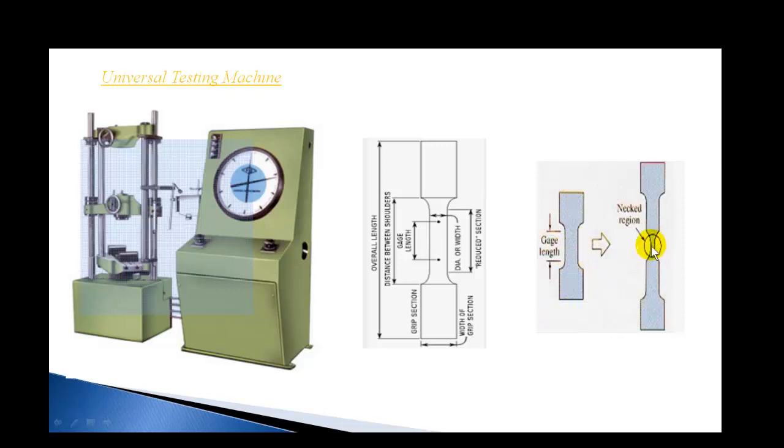But when the neck is formed, there will be a reduction in area. The actual stress will be more: load divided by area is less, so stress is more. So without considering this reduction in area, if you are using the initial area, that is called nominal stress. Whereas if you consider the reduction in area, that will give the true stress.